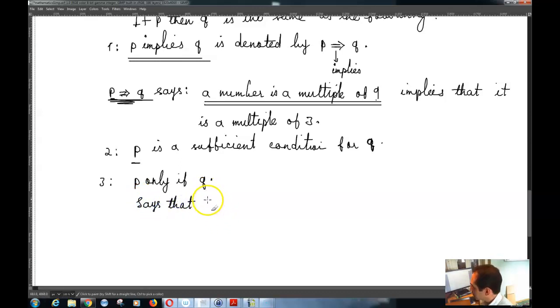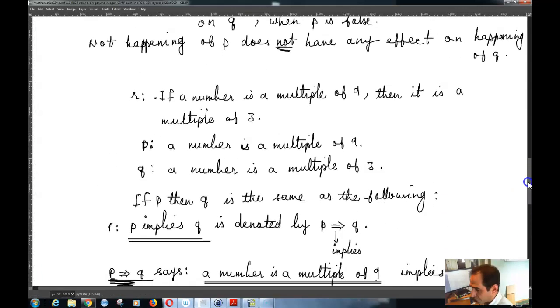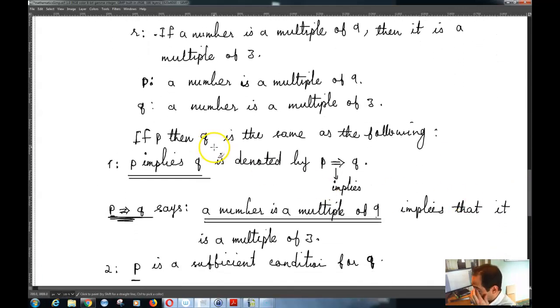So here we said if P then Q, where P is a number is a multiple of 9, and Q is a number is a multiple of 3.